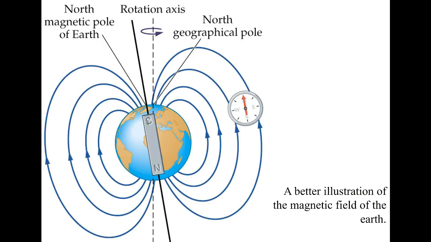And actually it's offset. There's a little bit of an angle of offset here. And if you've done some hiking in North America, you know that you have to account for the difference between magnetic north and geographical north.